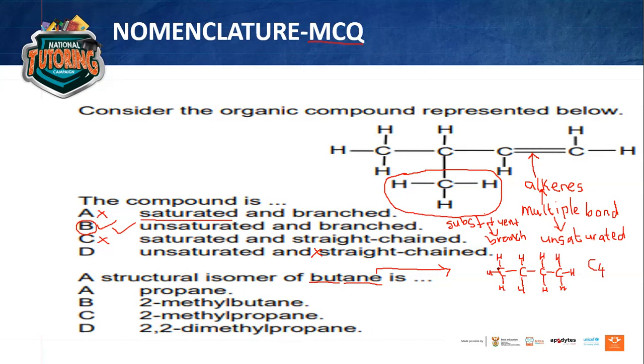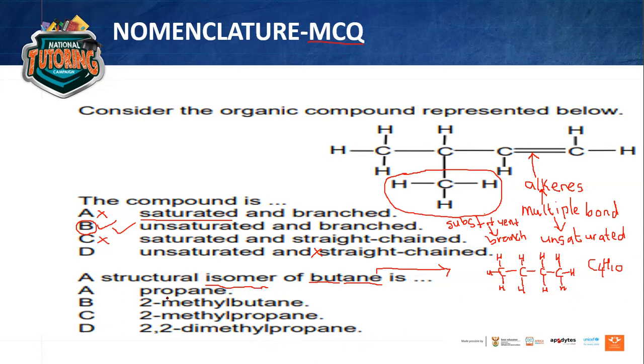And the hydrogens are 1, 2, 3, 4, 5, 6, 7, 8, 9, 10. So it's C4H10. Remember, any molecule from A to D that is going to be an isomer must also be C4H10. So let us test.